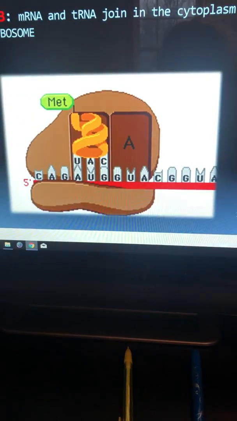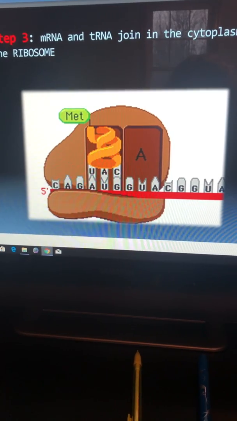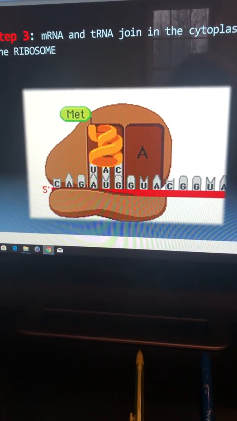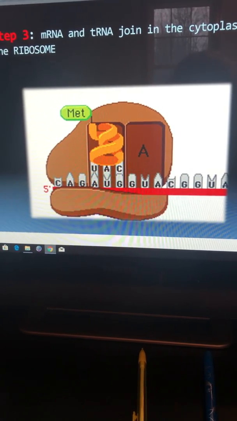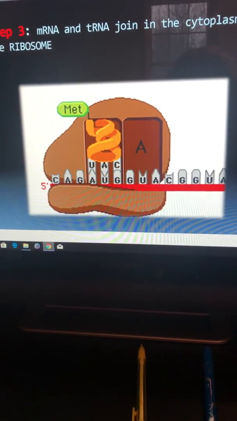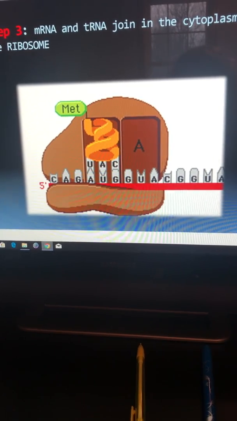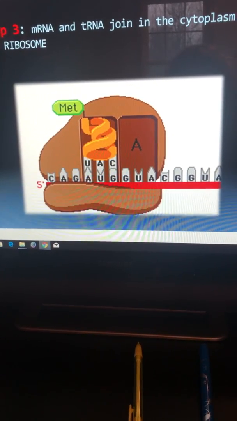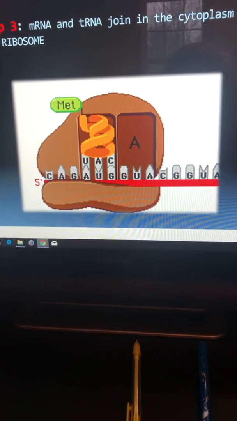If we continue on, we can see a picture where we have messenger RNA and transfer RNA. Messenger RNA is the bottom strand, and transfer RNA is this orange molecule that flies in. It has an anticodon that is going to be complementary to the messenger RNA strand.